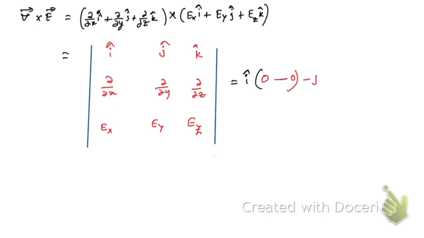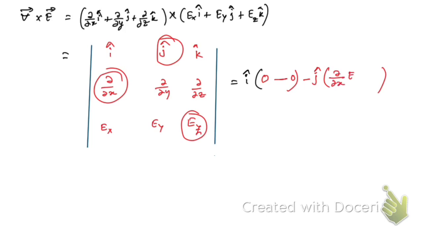So next minus j cap, then for j cap this one and this one. So del x of Ez, then minus, here again, sorry, del z of Ex. Again here it is del z, so it's going to be 0, right, as it is propagating along x-axis. So hope you have understood this. Then plus k cap.